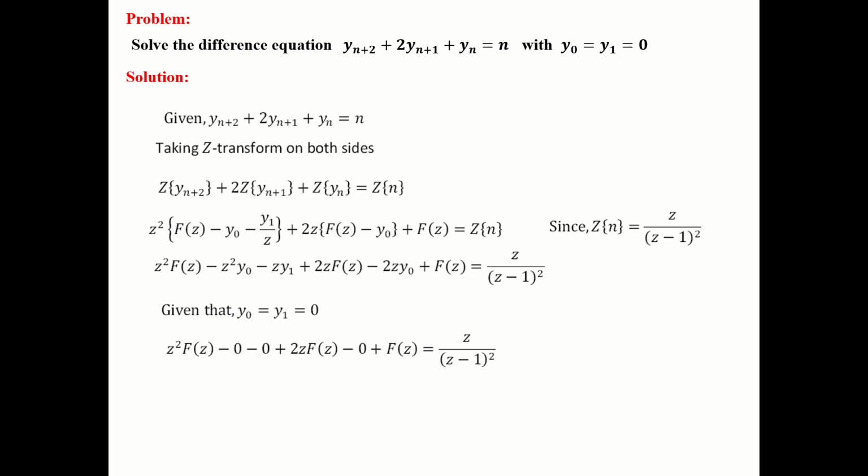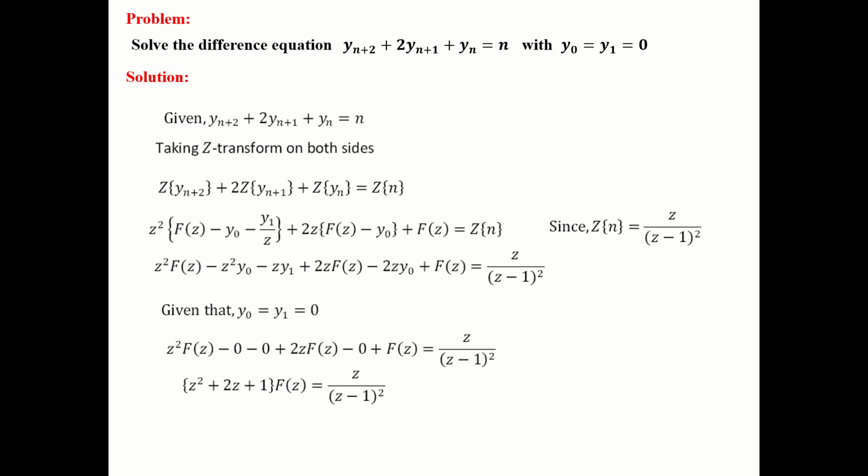Then the last term F(z), which is equal to z/(z-1)². Grouping, F(z) is common in the three terms, so taking it outside: (z² + 2z + 1) F(z) = z/(z-1)².